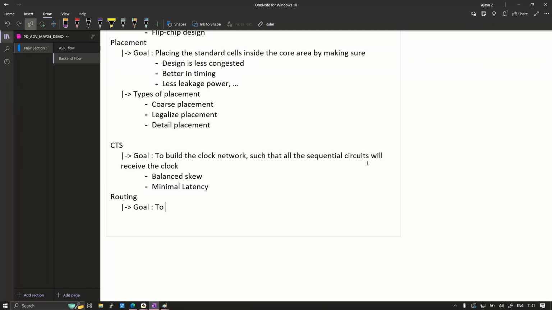And while making those physical connections, the physical violations should be fewer, such as physical DRCs, LVS, antenna, and so on.